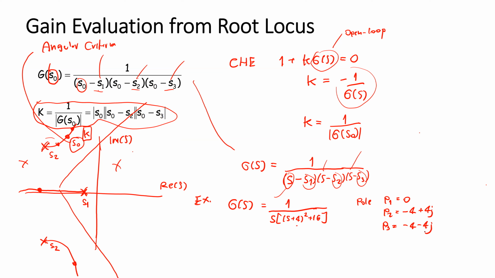We have three poles, and we can plot the poles on the s plane: at 0, -4 plus 4j, and -4 minus 4j. And we already plotted the root locus for this system. It may be something like this, right?